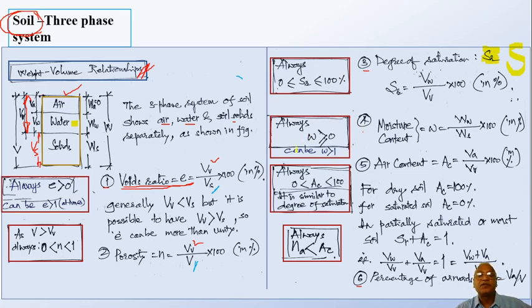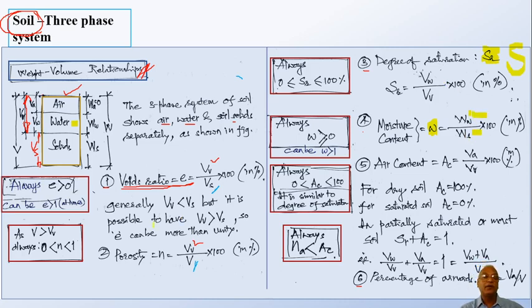Next is water content or moisture content, represented by omega or lowercase letter w. The definition is quite simple: weight of water to weight of solids. In this case we are taking weight, not volume.